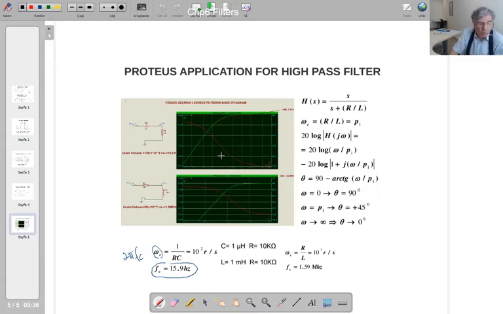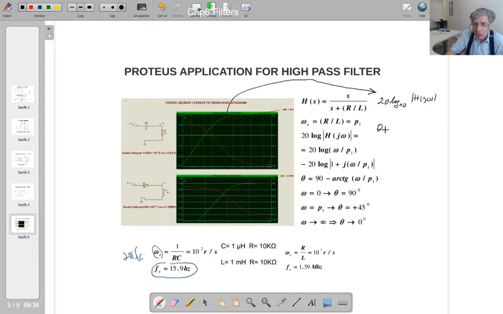This Bode diagram at the same time is the filter characteristic. What is filter characteristic? That is the transfer function. So 20 times log10 of the module of H(jω) is this green one here. The red one here is the angle change.